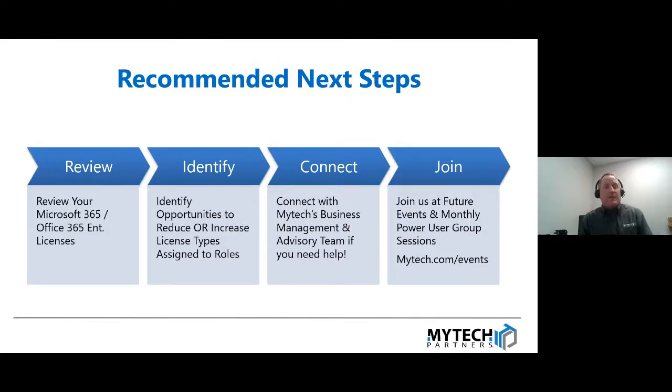For instance, if you feel like you've licensed the Office suite to those that really don't need it because they might be able to get by with just the web version of those tools, maybe there's an opportunity to reduce some licenses. Or look at different roles in your organization where it might make sense to increase. For instance, if you're trying to build out Power BI dashboards, or if you want to have the ability to have a call-in when you create a Teams meeting and have a phone number versus just a link, maybe there's a few people in your organization that you want to give that access to.